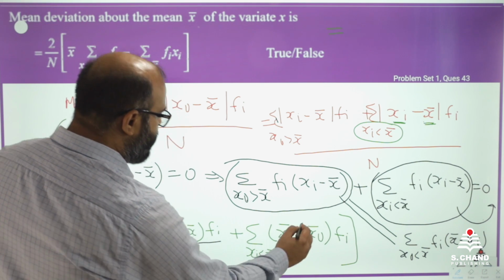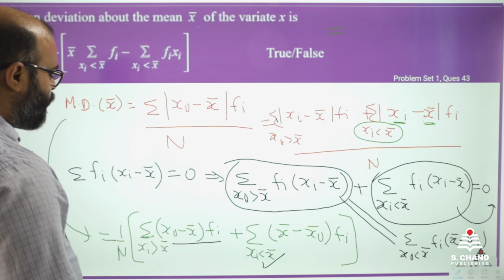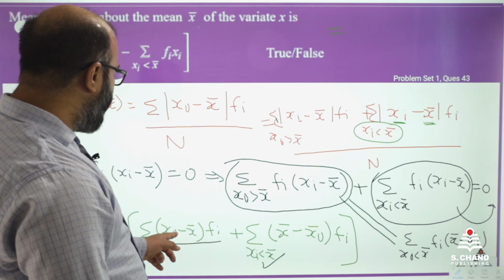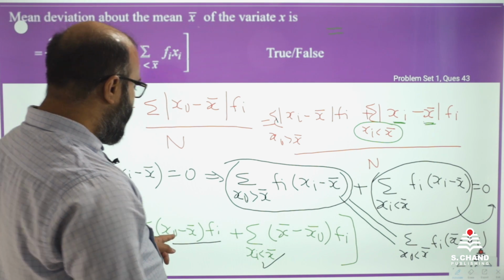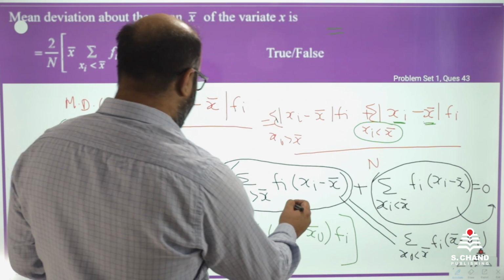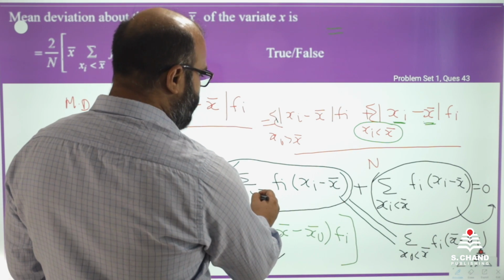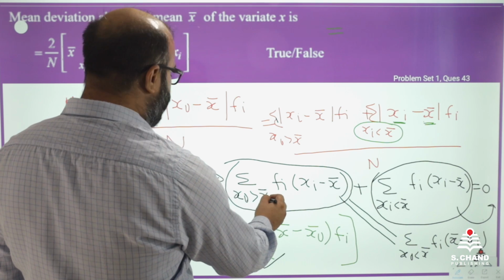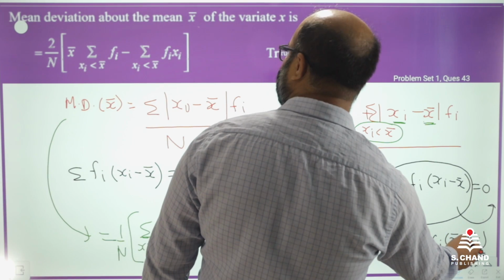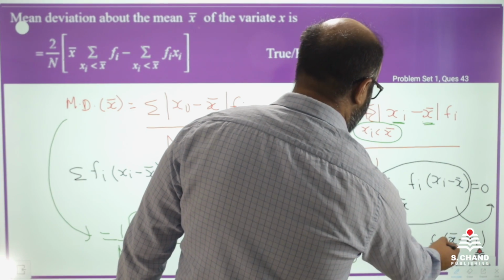So let us take this and replace this one. When we replace this, we will get sigma of (xi minus x mean) when xi is greater than x mean, as (x mean minus xi) fi.